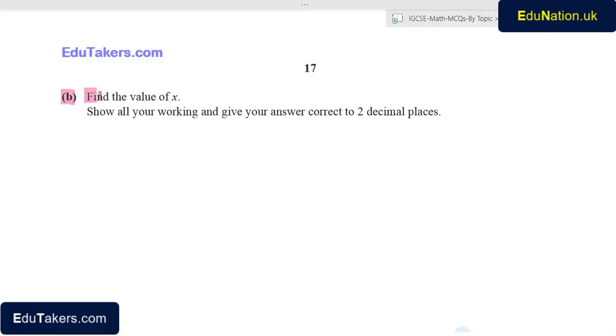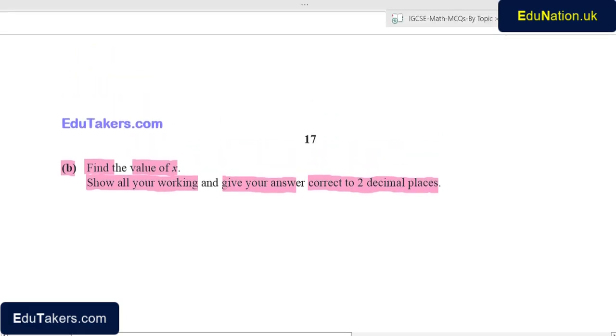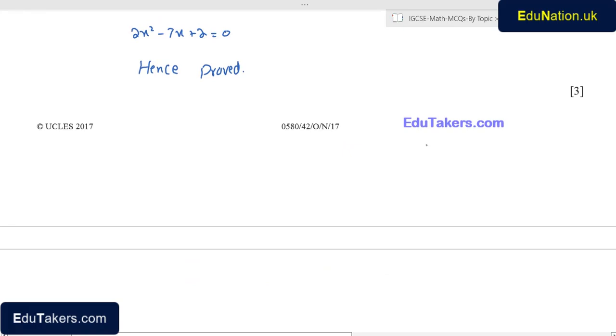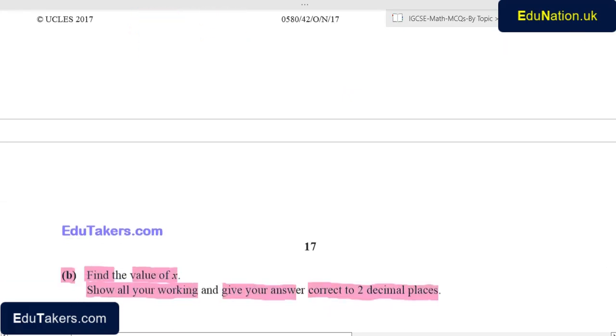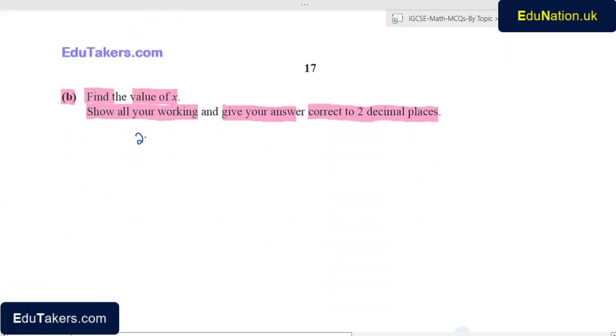Part B. Find the value of x. Show all your working and give your answer correct to 2 decimal places. The equation is 2x square minus 7x plus 2 equals 0.